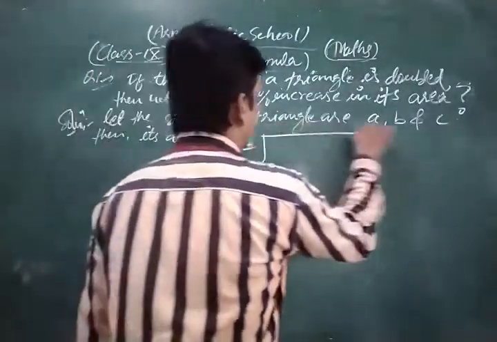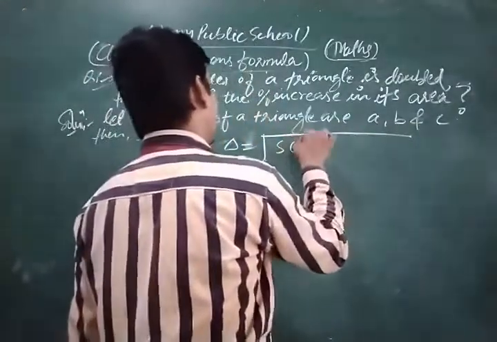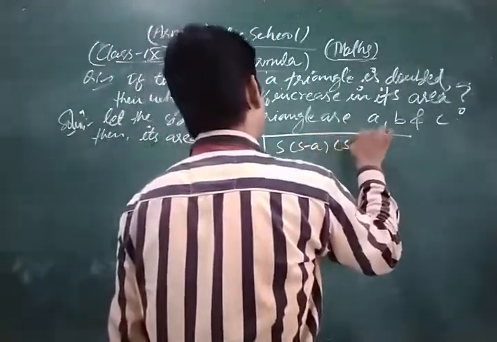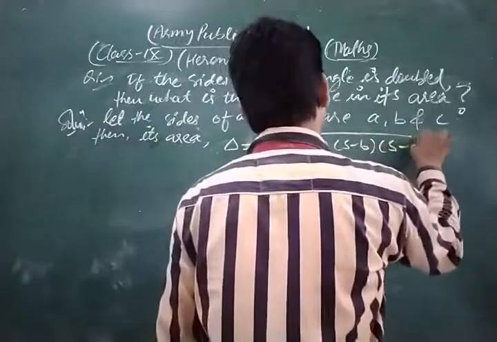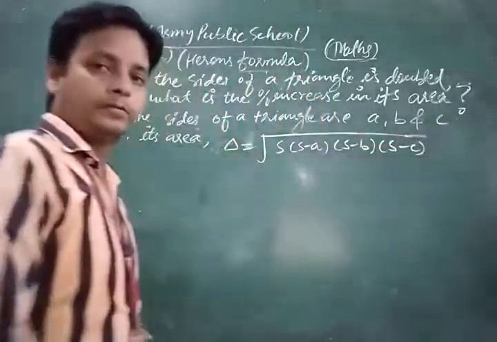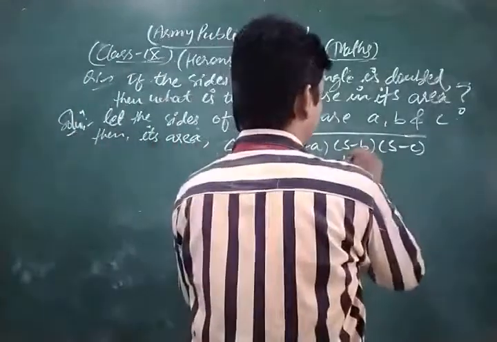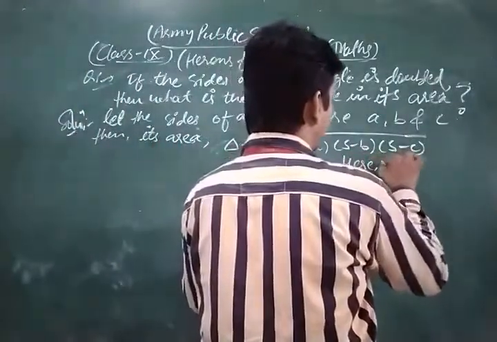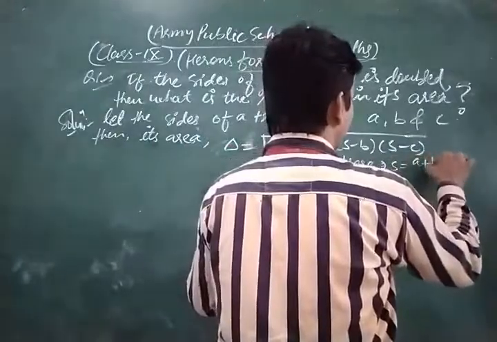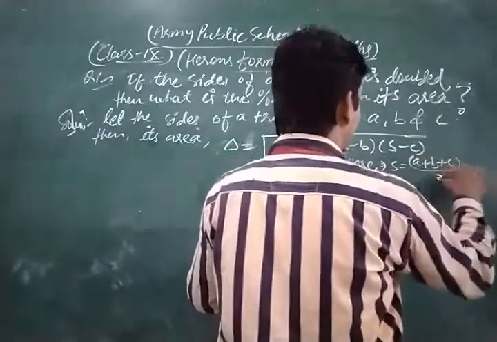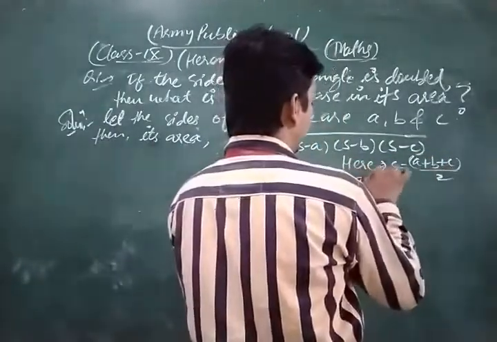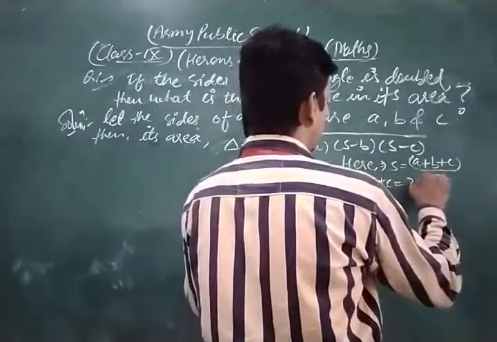Delta is equal to root of S into S minus A, S minus B and S minus C. Here S is the semi-perimeter. Here the value of S is A plus B plus C upon 2, or the value of A plus B plus C is equal to 2S.